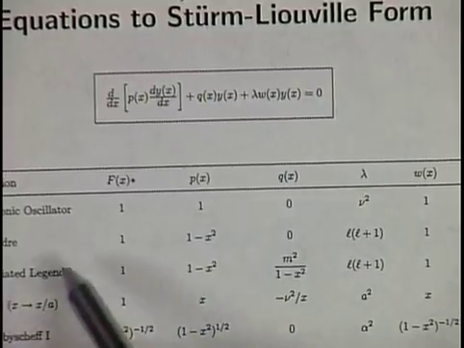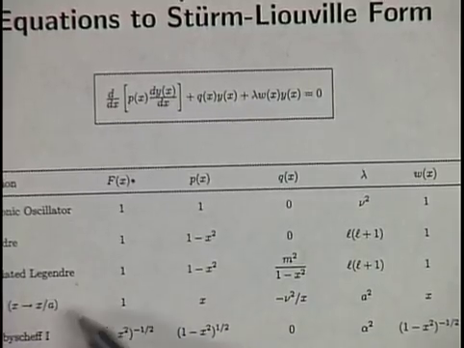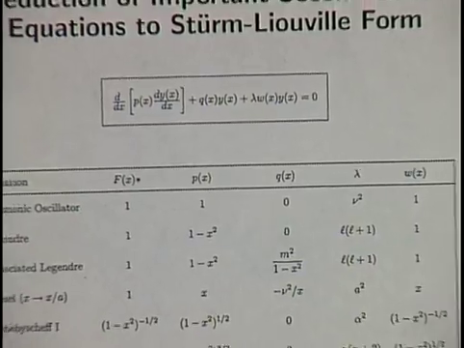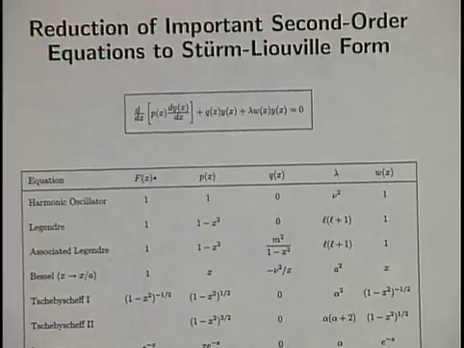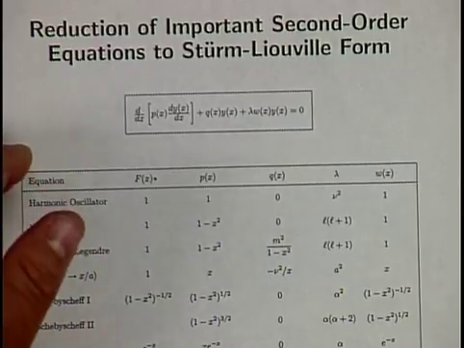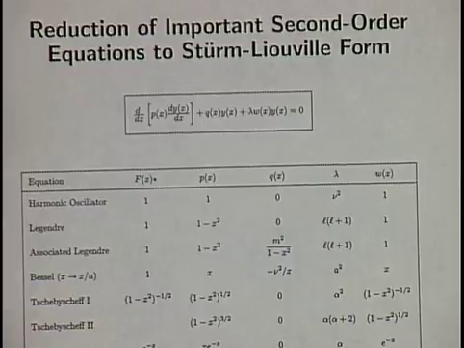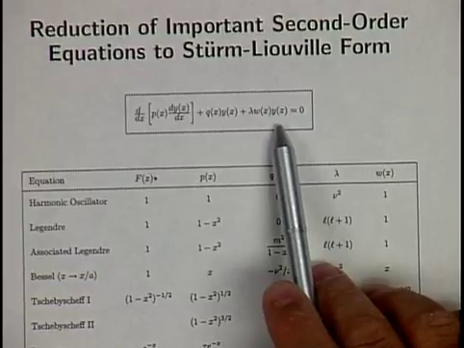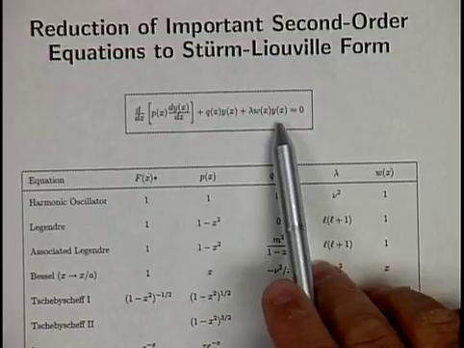All the Bessel function, associated Legendre, Chebyshev first and second kind, the Laguerre, associated Laguerre, Hermite polynomial, Jacobi, Mathieu, hypergeometric, all the second order differential equations that we have been looking at during this chapter can be written in terms of only one operator, which is the Sturm-Liouville operator.